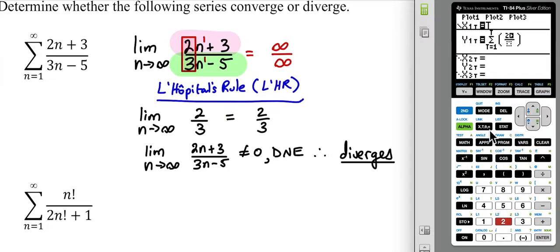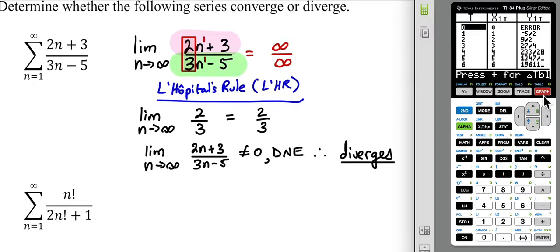It's in terms of n on paper, but we're doing it in terms of t on the calculator. There's a learning curve there. So 2t plus 3 over 3t minus 5, starting with 1, going to some really large value of t.